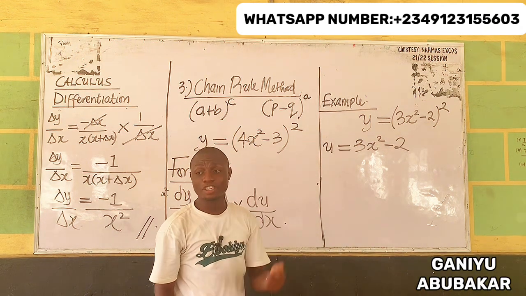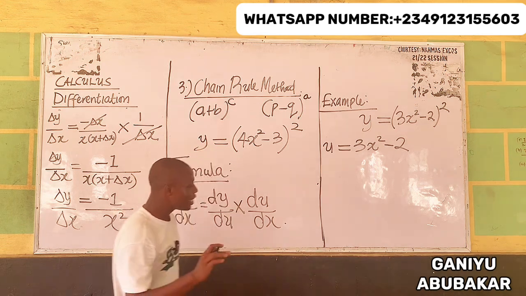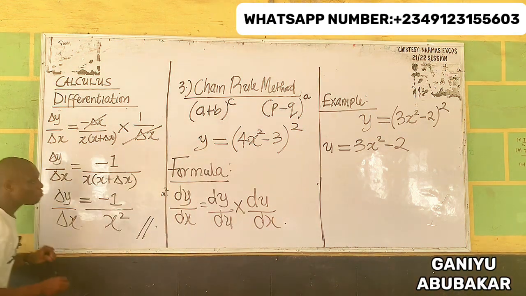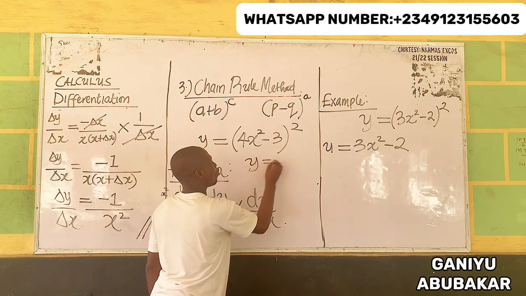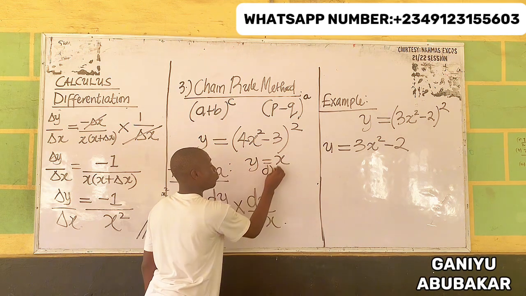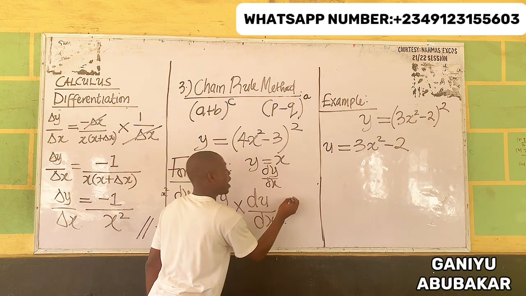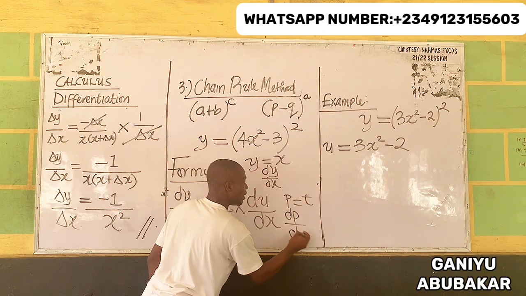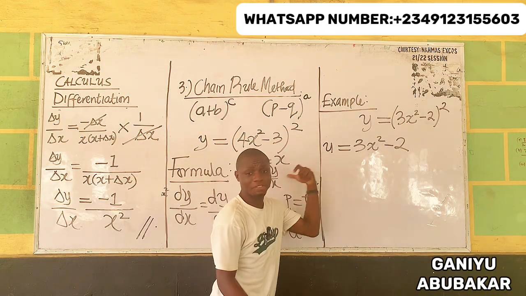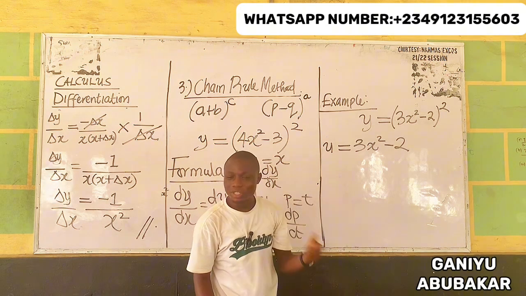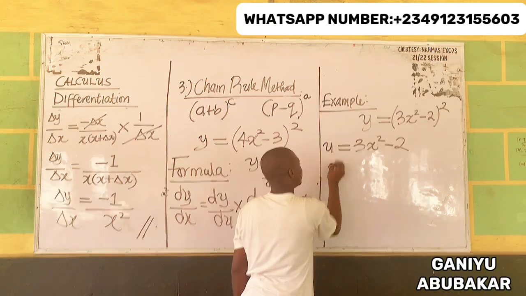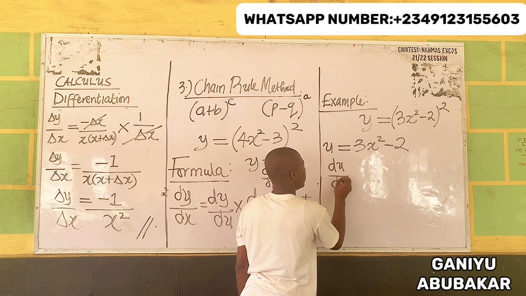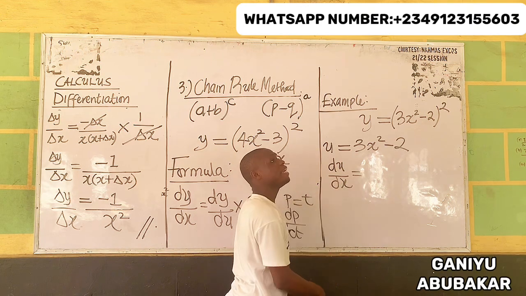First rule: call the term in bracket u. Now listen. If I have y equal to x, I'll have dy dx. If I have p and t, I'll have dp dt. If I have u and x, I'll have du over dx equal to, please.